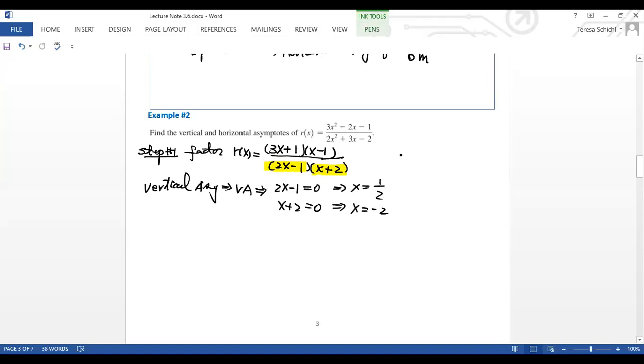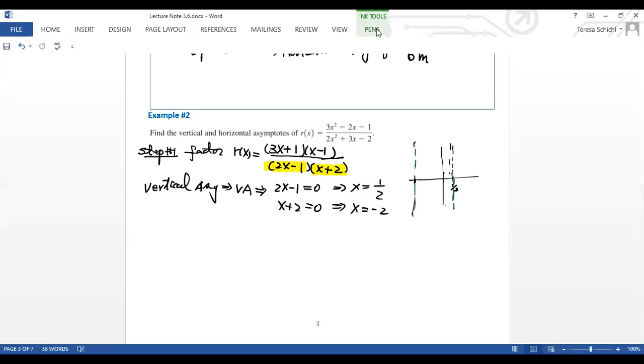So I have two vertical asymptotes here, one at 1/2 and one at negative 2. Your function is going to get closer to these lines.